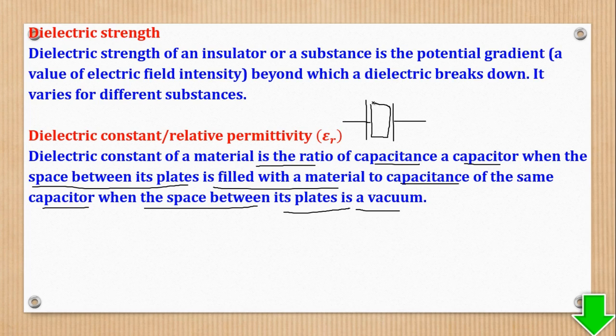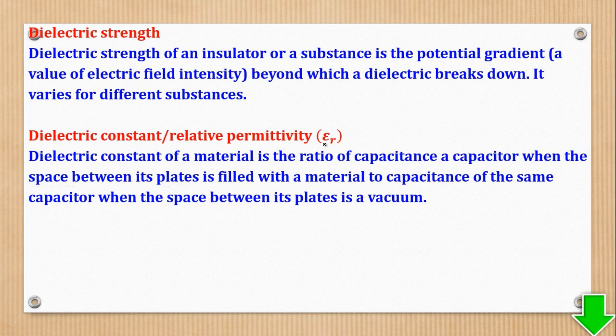This material affects the capacitance of the capacitor. So you get its capacitance, which can be C1. Then you also get the capacitance when there's no dielectric and it is free space. So you get their ratio, and that will be equal to the relative permittivity.